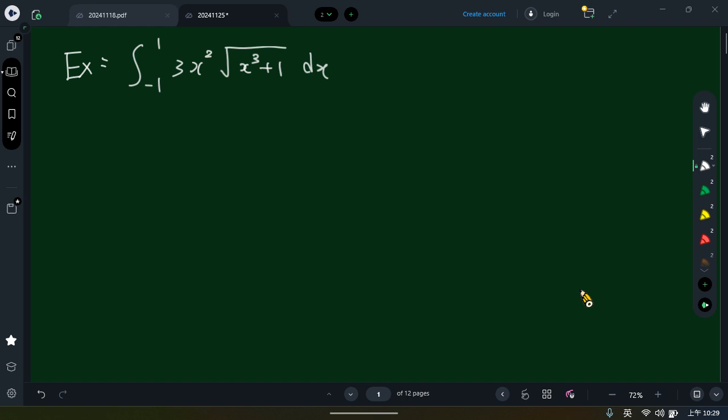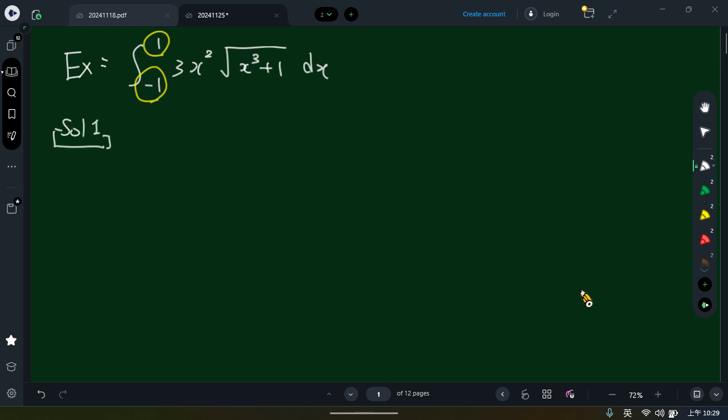Okay, so since you can see we have two limits for the integral, so it's a typical definite integral. So the solution one is just like that.